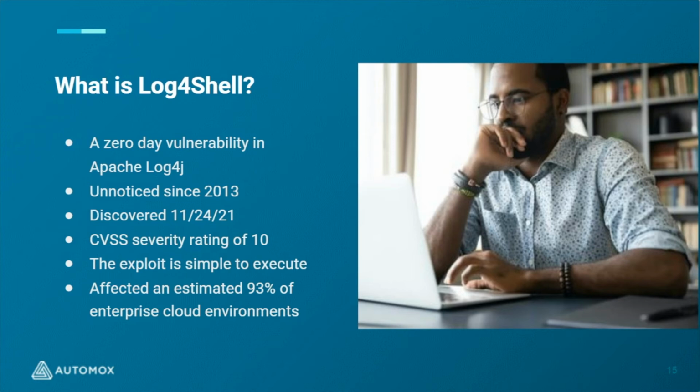CVSS provides a way to capture the principal characteristics of the vulnerability. So again, how many people are infected and how easy it is to exploit are factors of that. And then they produce a numerical score reflecting its severity. The purpose is to help organizations properly assess and prioritize their vulnerability management process. So having a score of 10 out of 10 is a very big deal and should be rectified as soon as possible.